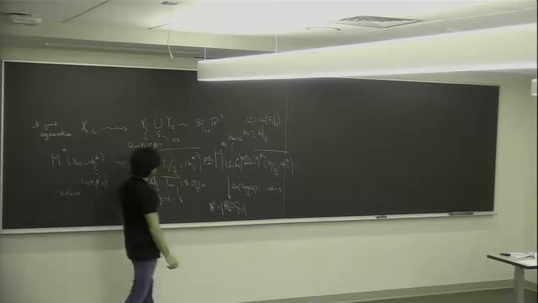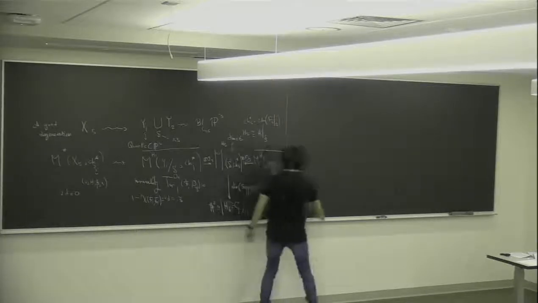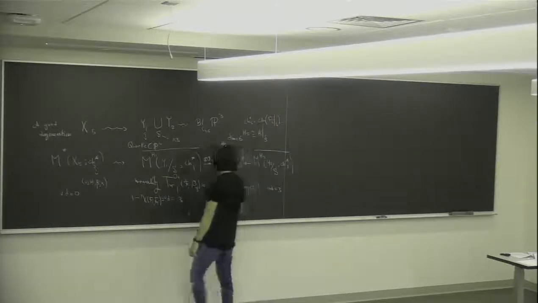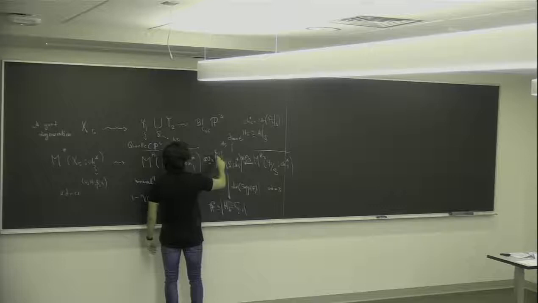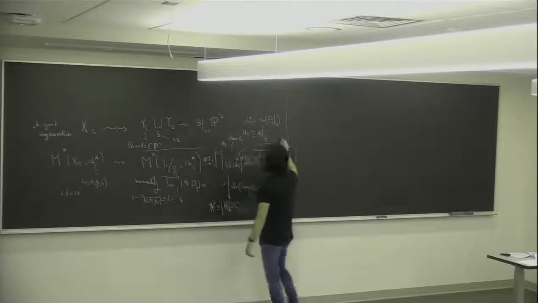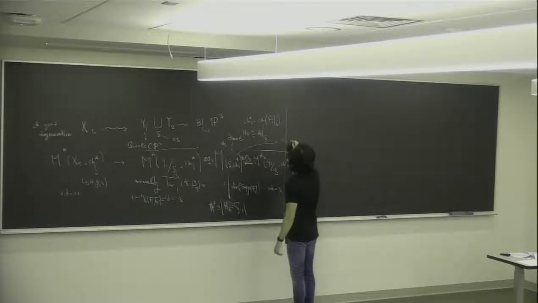And since this is P3, its dimension is 3. First of all, Mukai showed that this thing is a holomorphic symplectic 6 complex dimensional manifold.